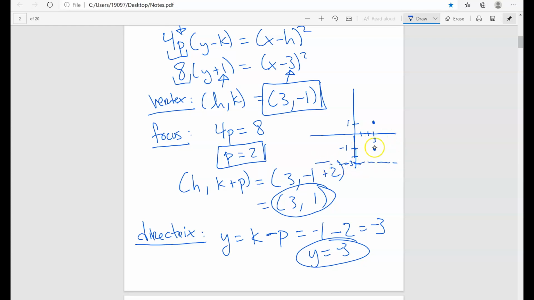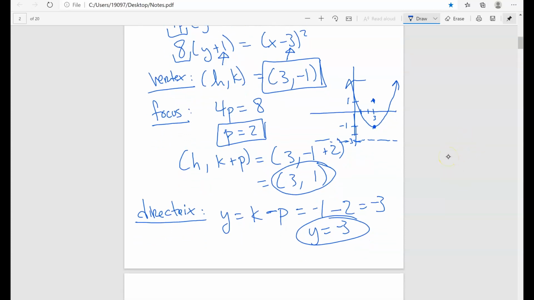Notice that this is a happy parabola, so you can see that the focus is on the inside and the directrix is right below it. Okay? So with the parabola, I would suggest you look at the formula sheet. I think that for the parabola, it will be really useful.